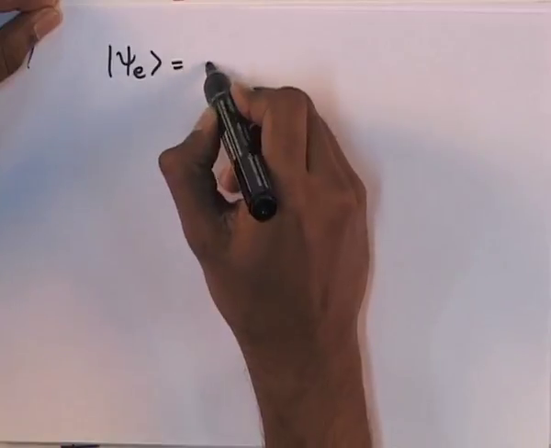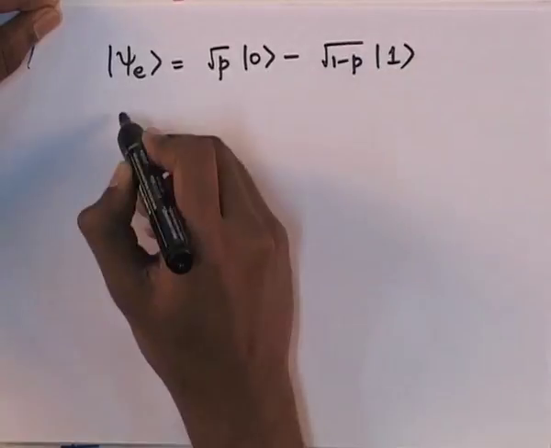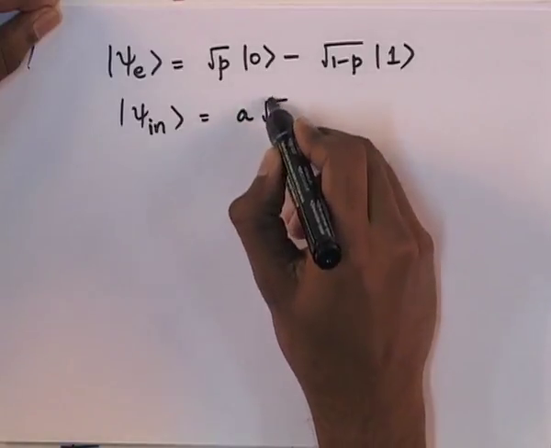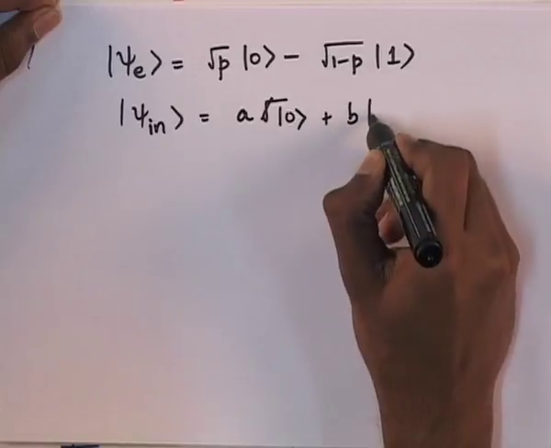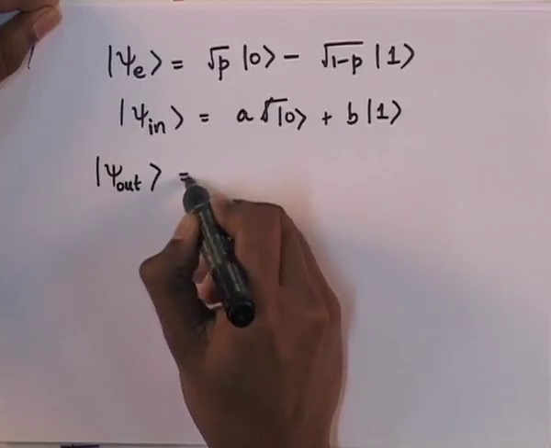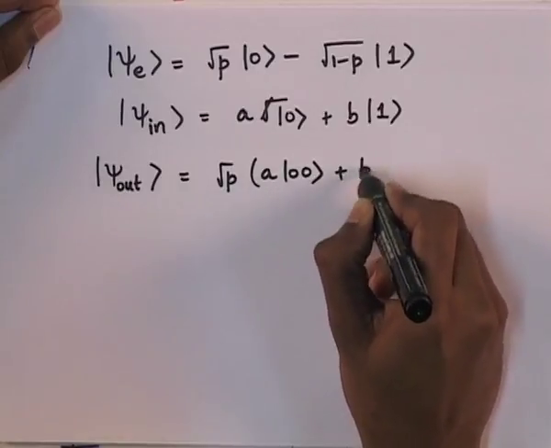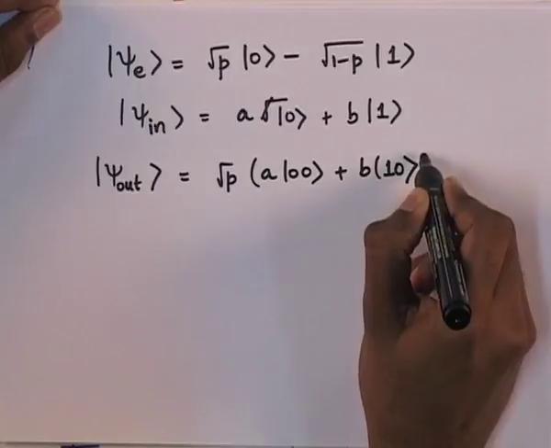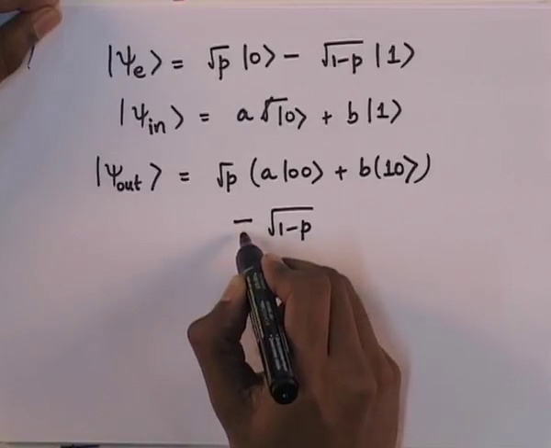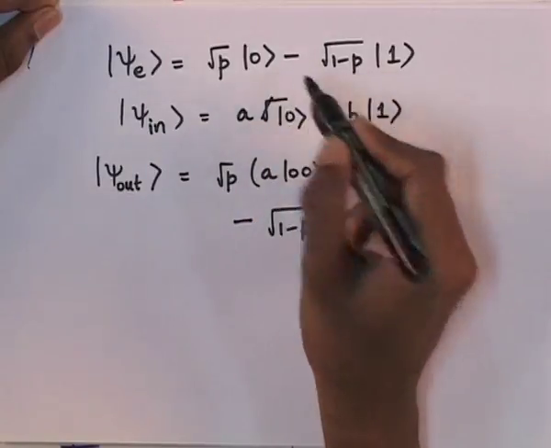In the previous question we have a plus sign, here we have a minus sign, as psi e has a negative sign here.